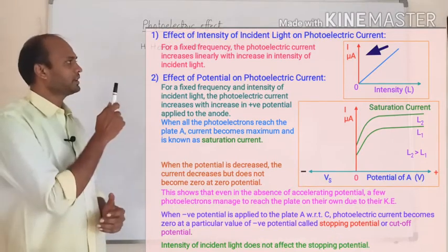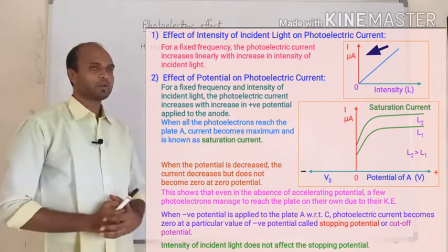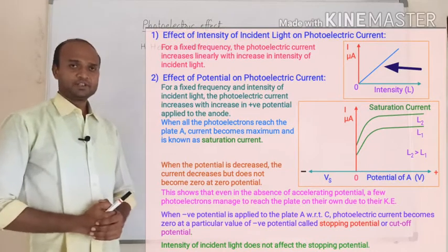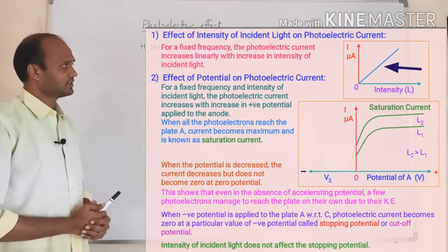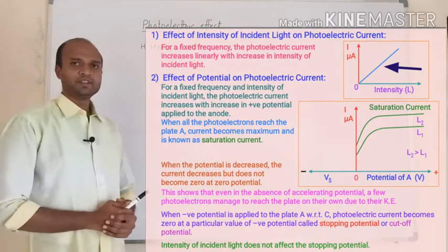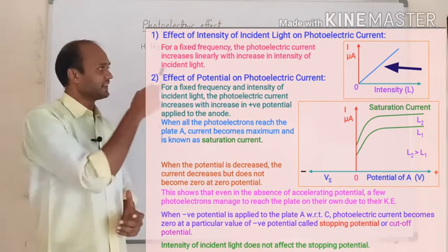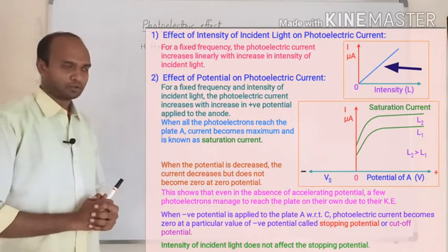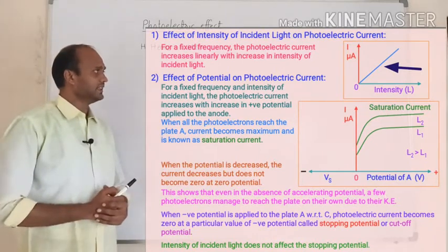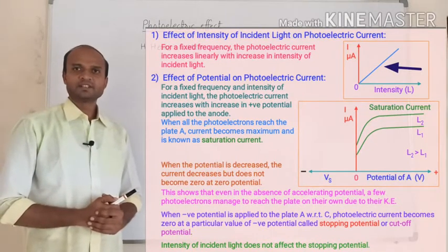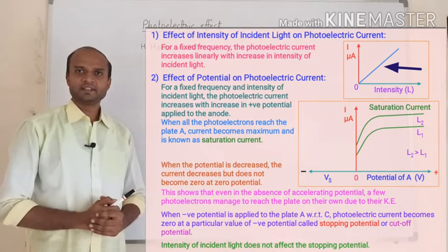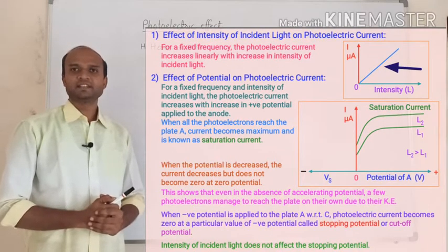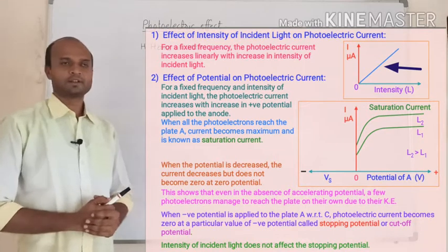The effect of intensity on photocurrent is shown in the first diagram, which is a graph between intensity and photocurrent, and it is a straight line. As the intensity increases, the photocurrent also increases linearly, so intensity is directly proportional to photocurrent.